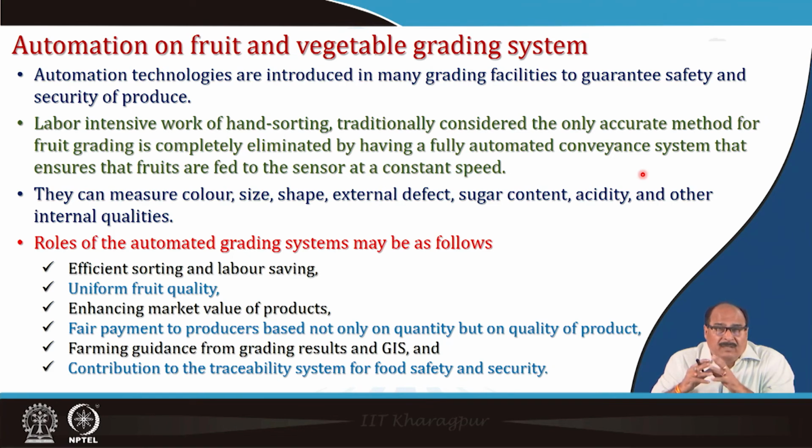The role of an automated grading system may be to get efficient, labor saving operation, to get uniform fruit quality or enhance the market value of the produce, fair payment to producers based not only on the quantity but also on the quality of the product, farming guidance from grading results with GIS, and contribution to the traceability system for food safety and security. So, automated grading systems are very important.